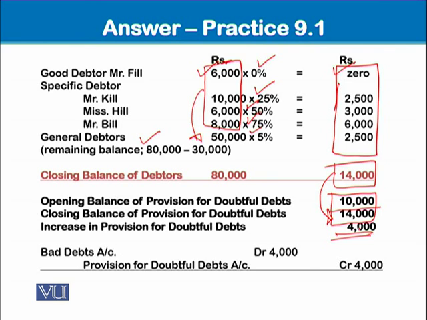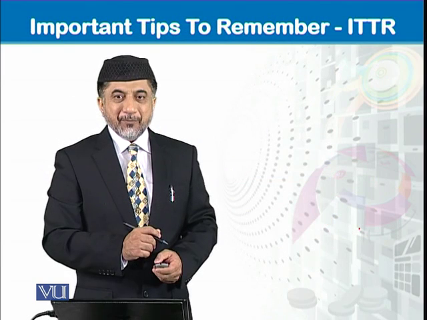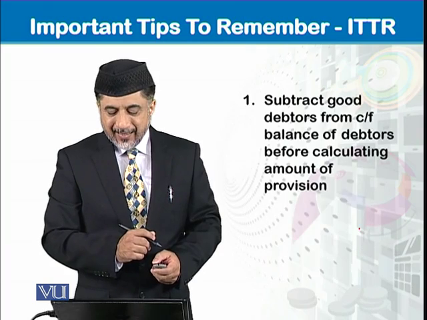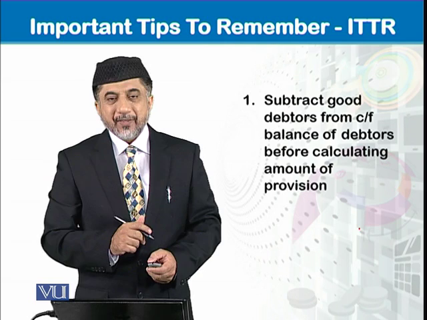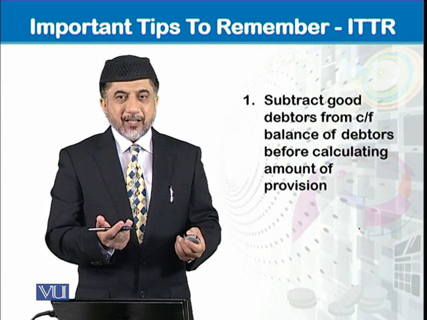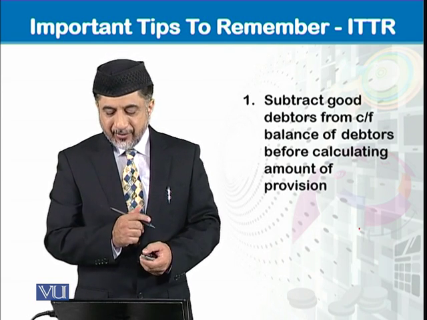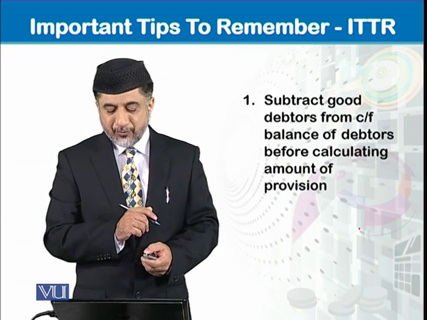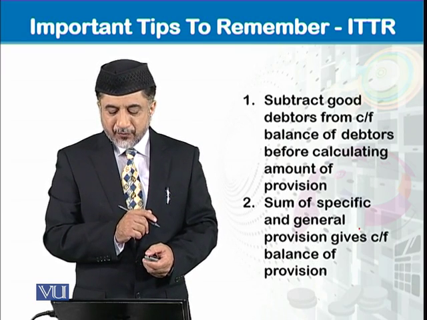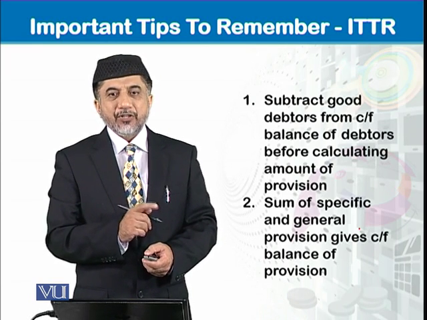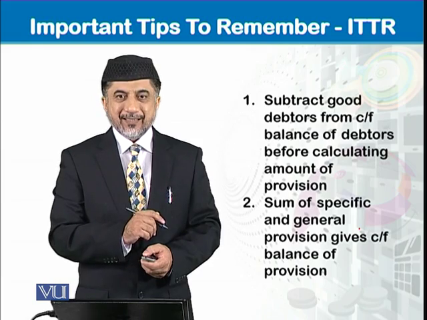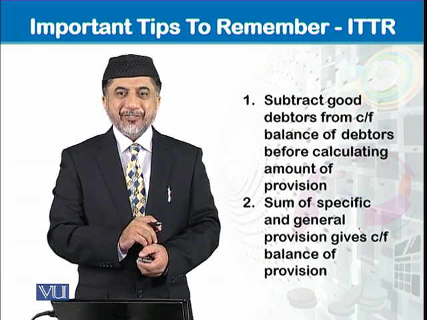We have already discussed this accounting entry in our earlier module. So the important tips to remember in this module are that subtract good debtors from the carry forward balance of the accounts receivable or debtors before calculating any provision. And then the sum of specific and general provision gives the carry forward balance of the provision for doubtful debt. I trust it's clear to you. Thank you.